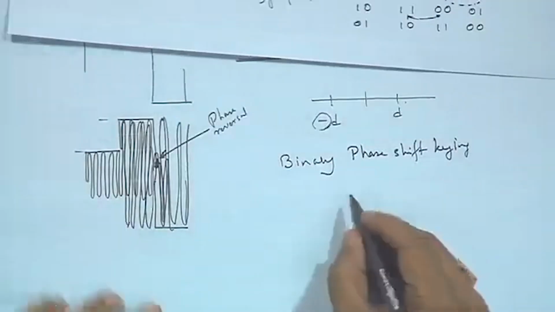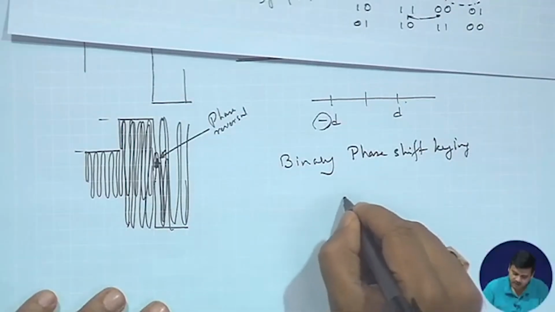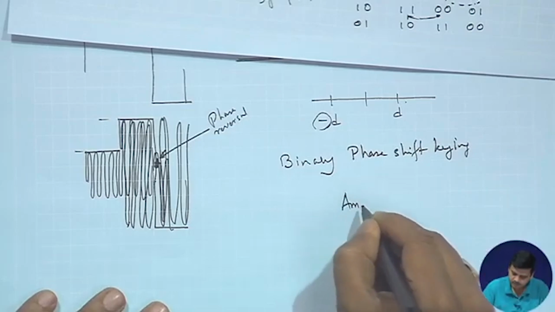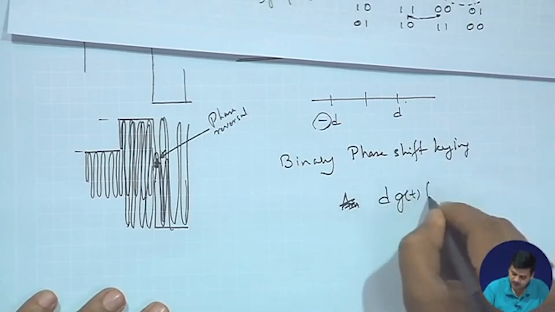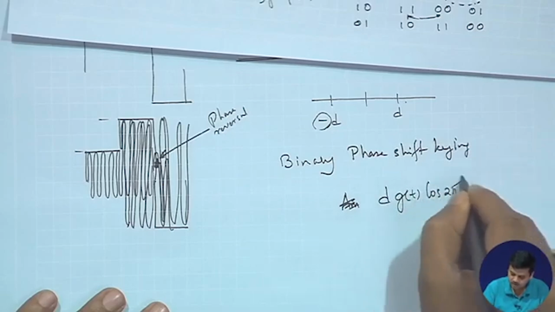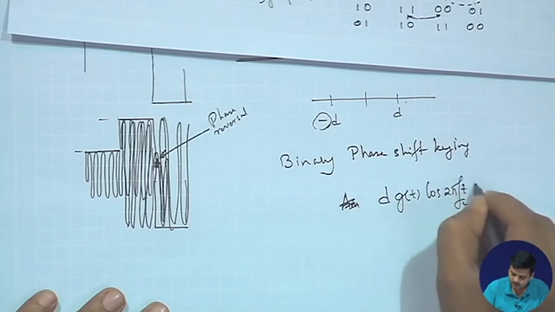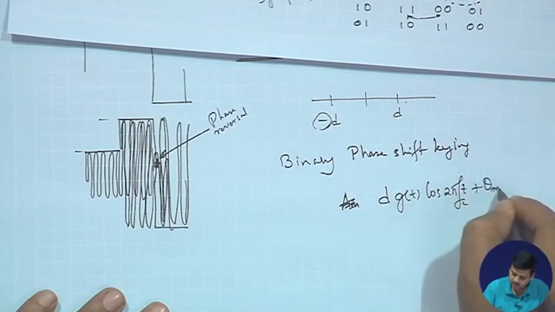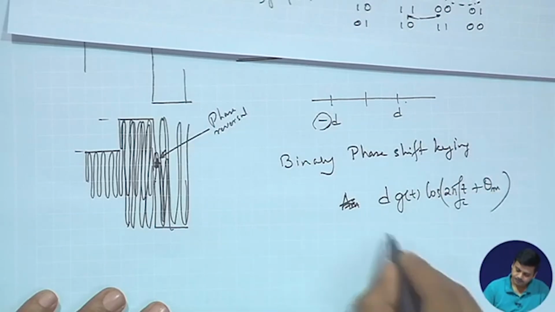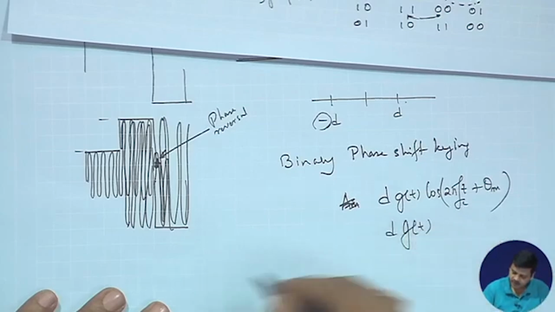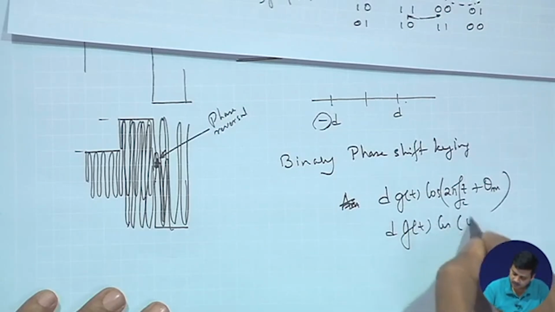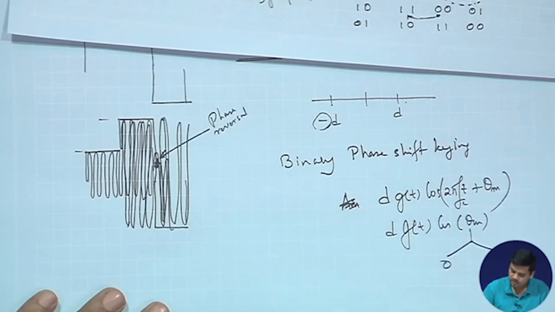Just briefly let me write down, you are going to get d times g(t) cos(2 pi fc t plus theta m). So, if fc is equal to 0, you would get d times g(t) cos theta m, and theta m could take a 0 or pi.